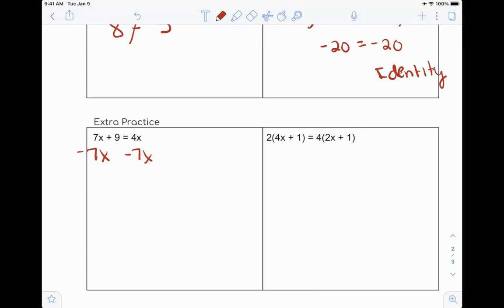So on the left-hand side, 7x and minus 7x are opposites, so they cancel. And we have 9 equals, well, 4 minus 7x is a negative 3x. Now I'm going to divide both sides by negative 3. And I have an answer that negative 3 equals x.